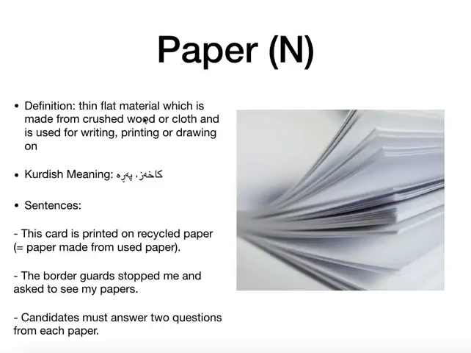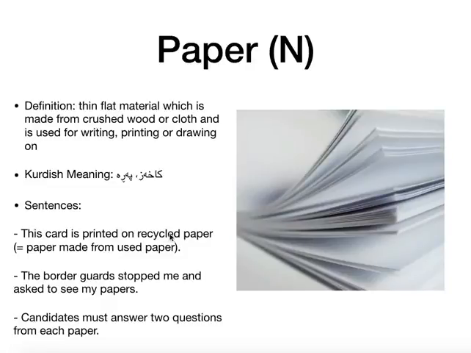Paper is a noun. It is thin, flat material which is made from crushed wood or cloth and is used for writing, printing, or drawing on. So, paper is usually made from wood, and people use paper for so many purposes: to take notes, to study, for advertising, and so on.